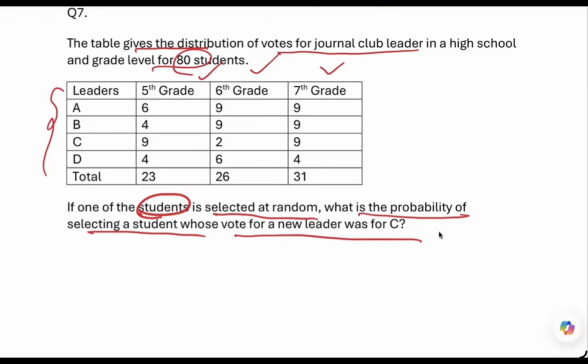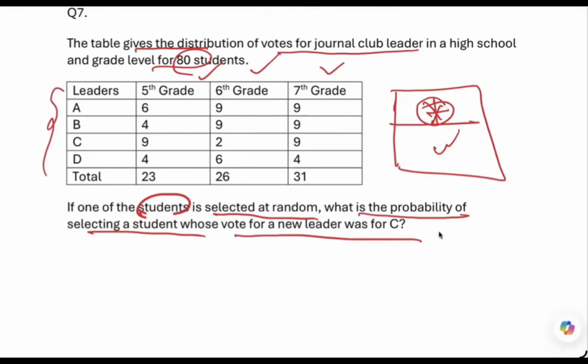How do you set this up? My key is when you read the question, the first word that you encounter that is on the table should go down, your denominator, and the word following it right away should go up, your numerator. So let's look at the question.